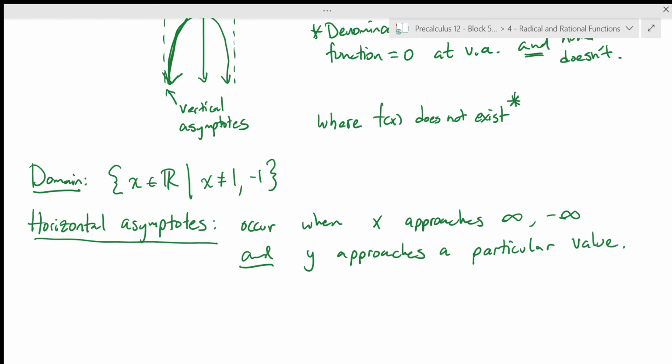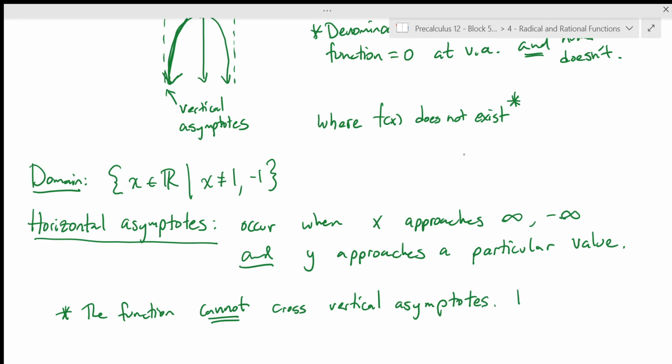Okay. And the other difference is that the function cannot cross vertical asymptotes because it's outside the domain. It does not exist there.